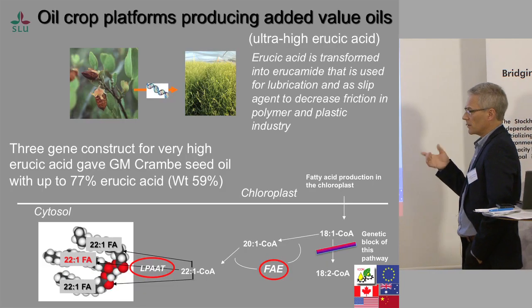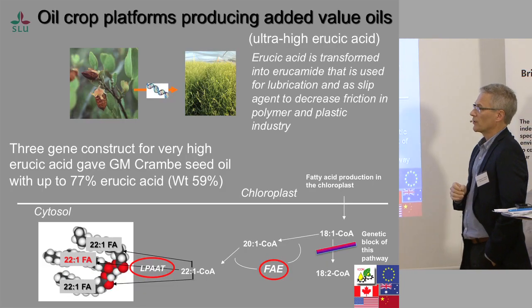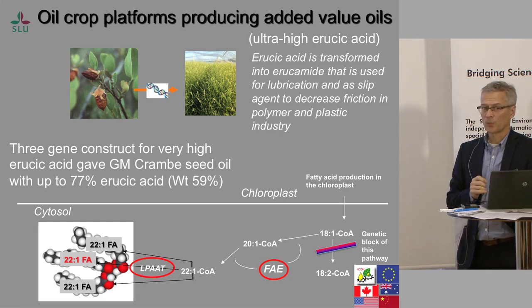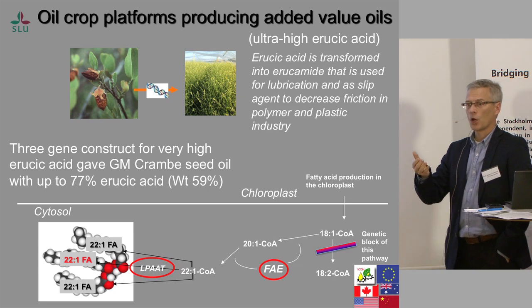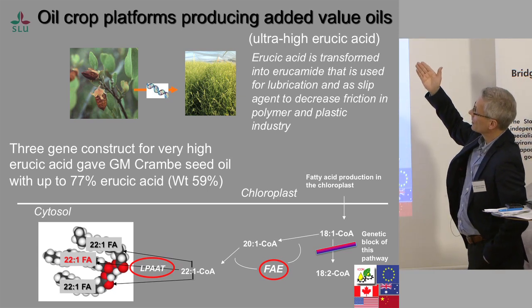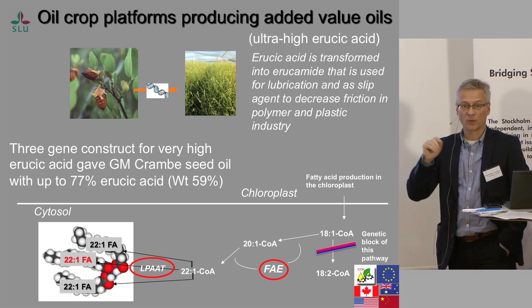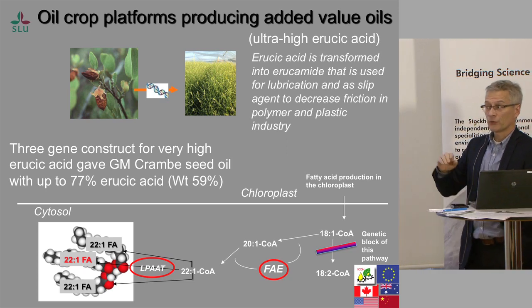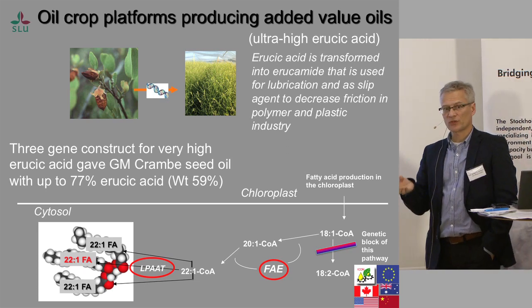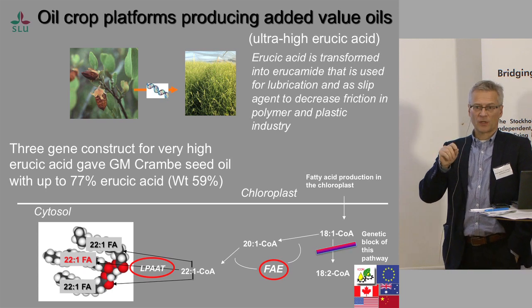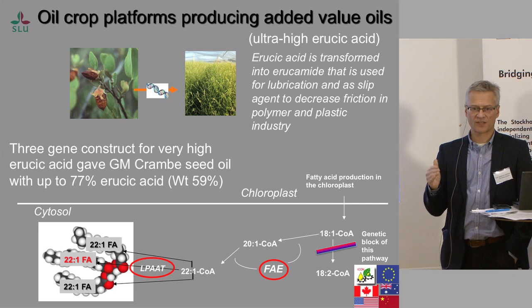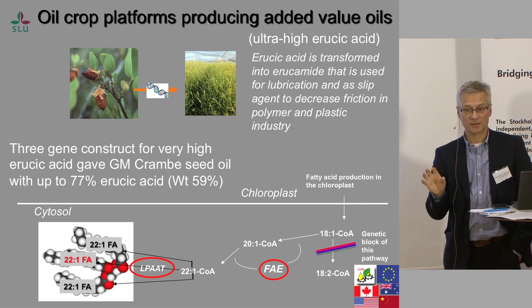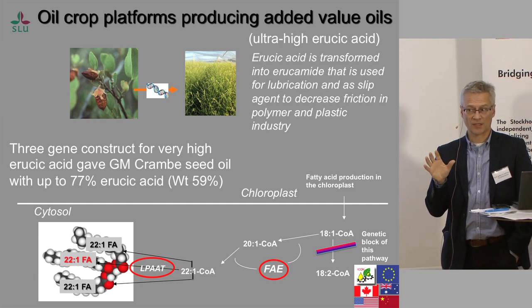Then another stream in this project was to look into another type of quality, and this is erucic acid that is present normally in cranberry, which is one of the 3 oil crops. So cranberry has actually been grown specifically because it contains already from the beginning roughly 55 to 60% of the fatty acids made up of erucic acid.